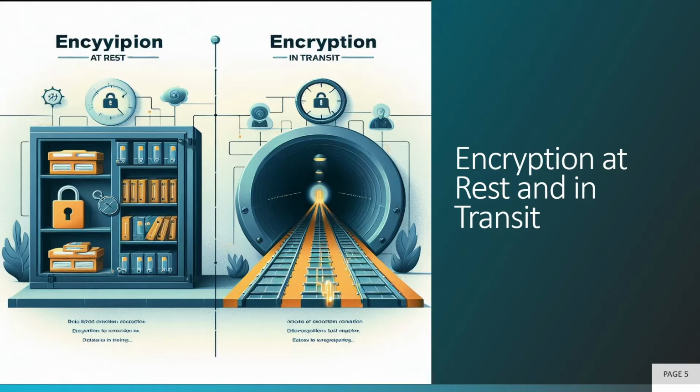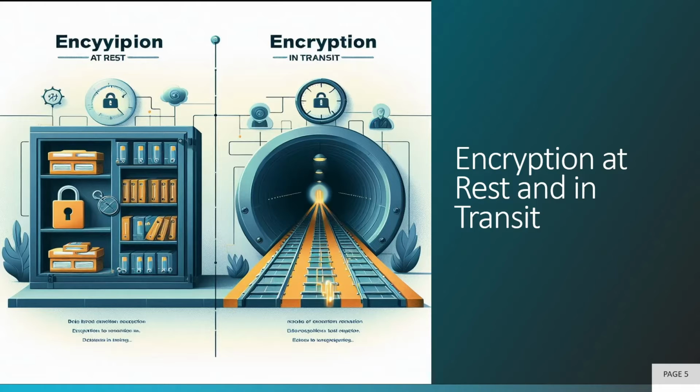For example, data at rest can be encrypted using full disk encryption methods like BitLocker drive encryption, while data in transit is often secured using protocols like TLS, transport layer security, or SSL, secure socket layer, like we mentioned in the previous slide. Moreover, the approach to key management and the encryption process can differ also.